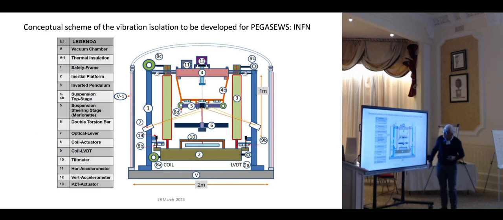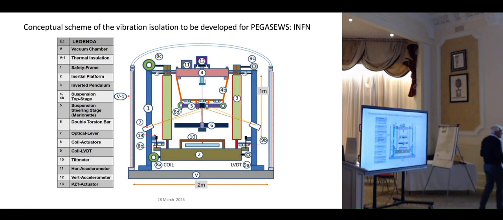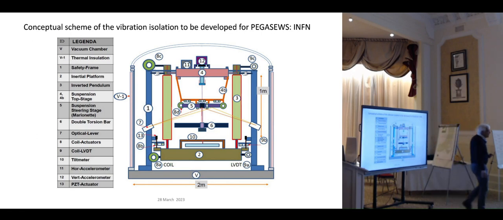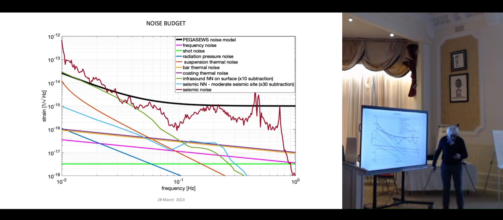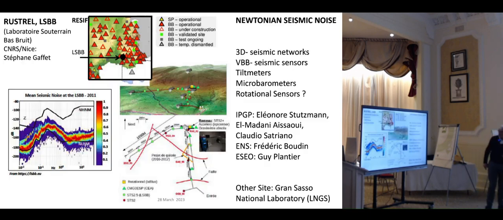What is important is the suspension stage and the inverted pendulum to make very stable bars in the center, and of course everything is in a vacuum and must be very well isolated. We also investigate the different sources of noise, in this complicated image. If you want to discuss the different sources of noise, we can do it later on.